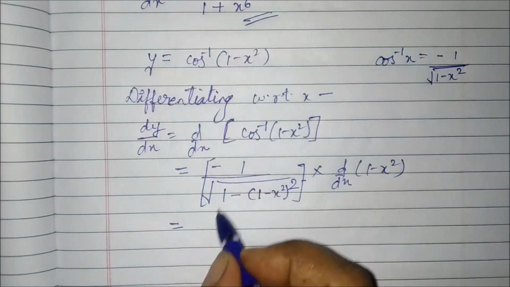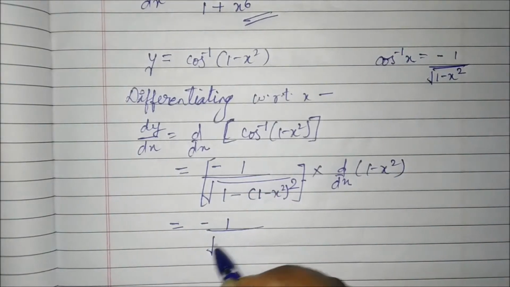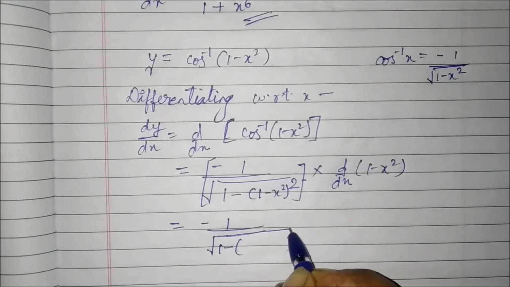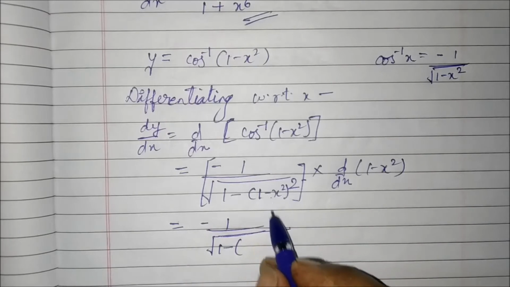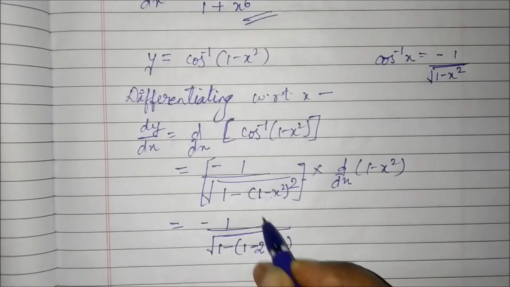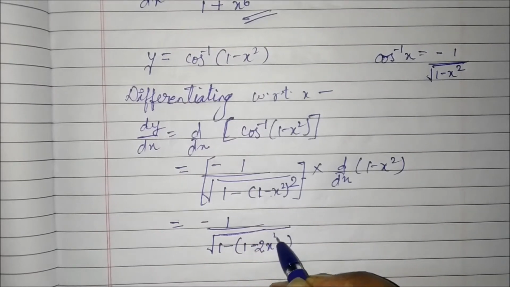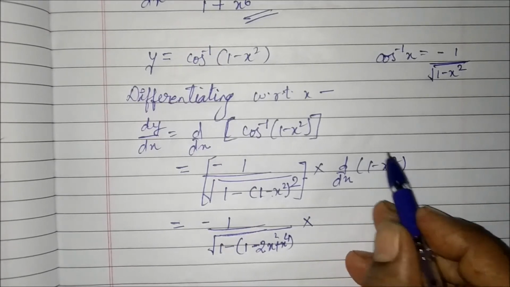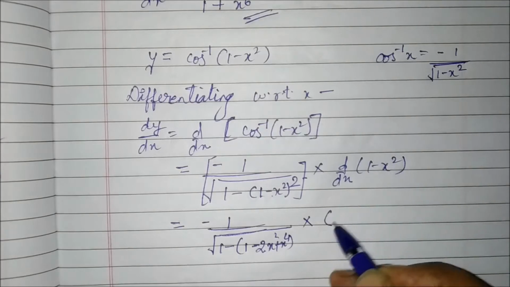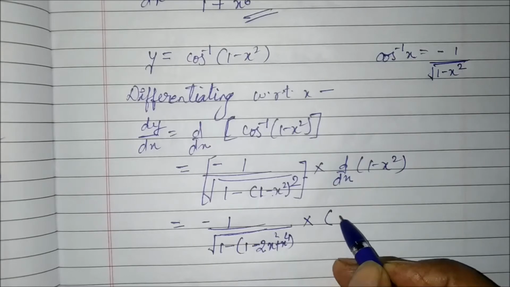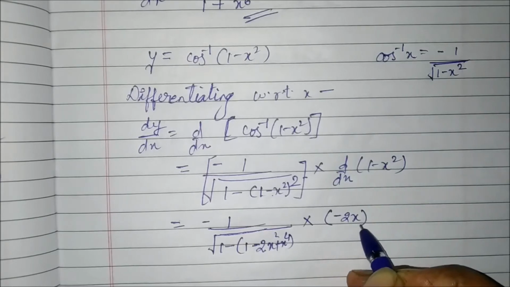So write this: minus 1 upon under root 1 minus, now we will do the square of 1 minus x square. So it is a square, 1 square minus 2ab, 2x square, plus b square means x raised to 4, into d by dx of 1 minus x square. Derivative of 1 is 0 and derivative of minus x square is minus 2x. Correct?